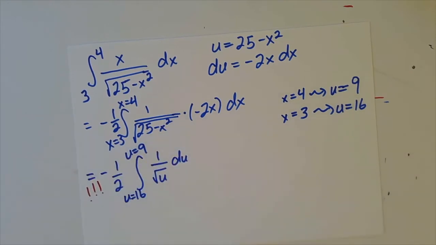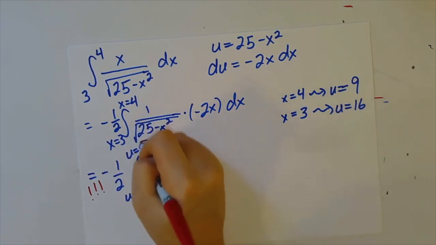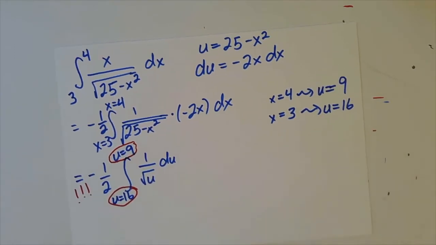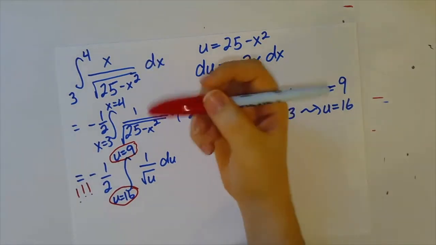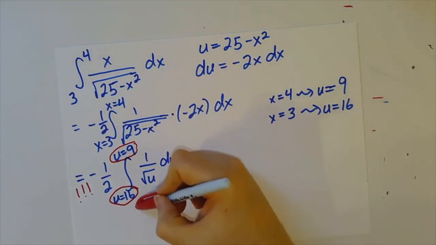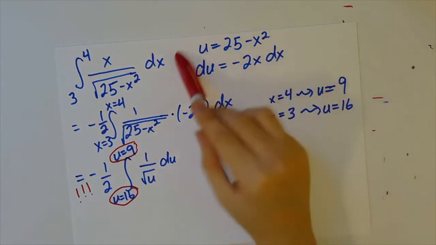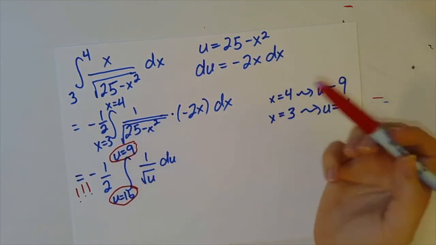Note something happened here. Namely, the thing that might concern you is that our integral is now backwards. Always when we do this, we have the lower x and then the higher x. But here, because of the way u worked, we actually flipped things around.